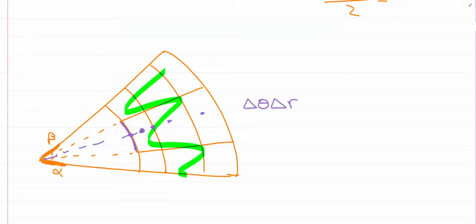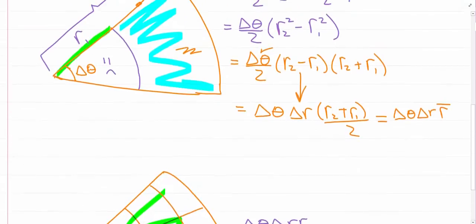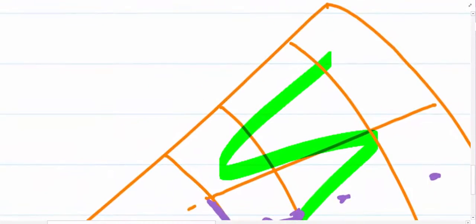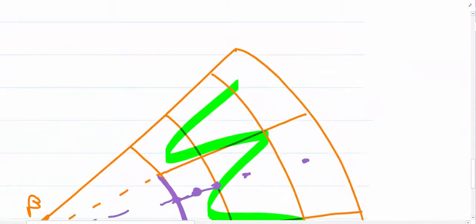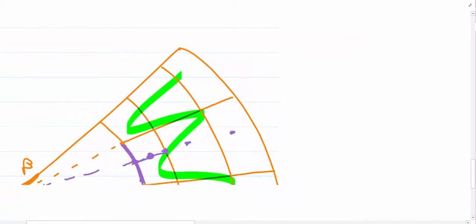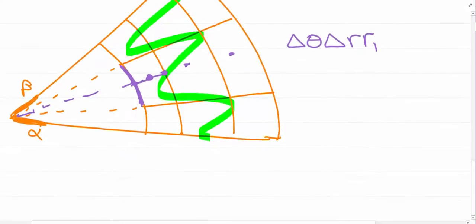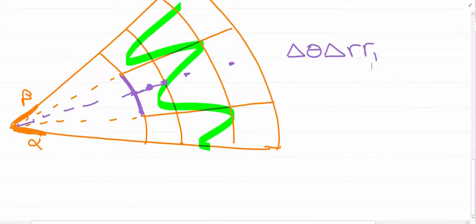Then I'm going to take this little R1 here, which is like the average, right? Remember we said delta theta, delta R, R average. So I'm just saying this is R1 here.